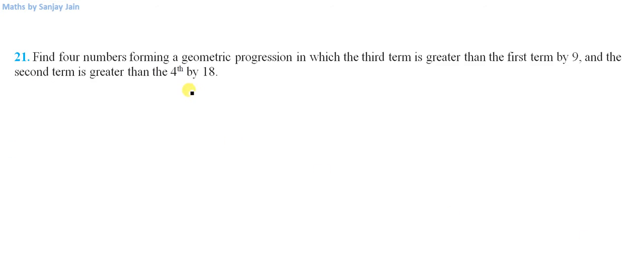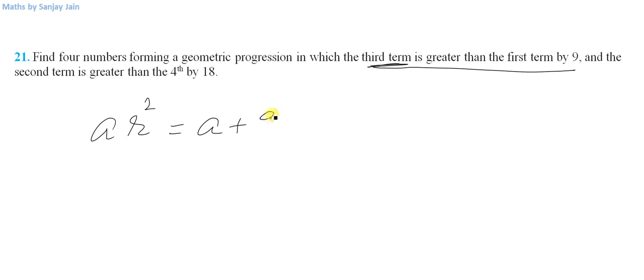Find 4 numbers forming a geometric progression in which the third term is greater than the first by 9 and the second term is greater than the fourth by 18. Third term, let me write it as AR squared. It is greater than the first term by 9.